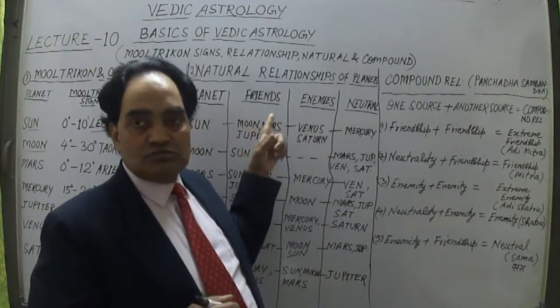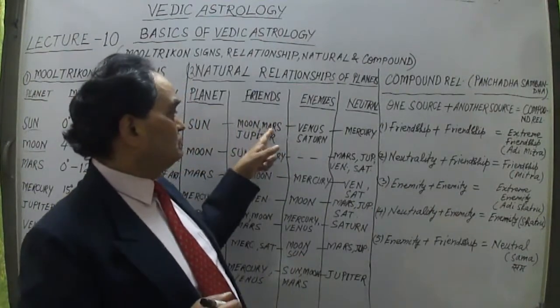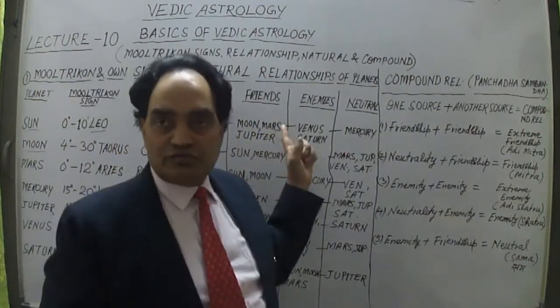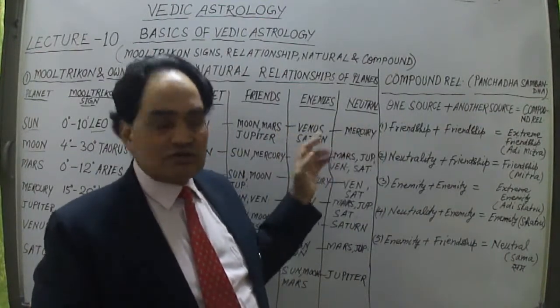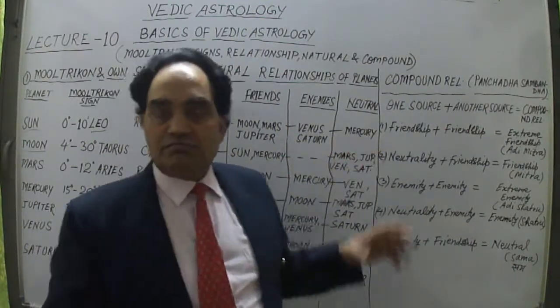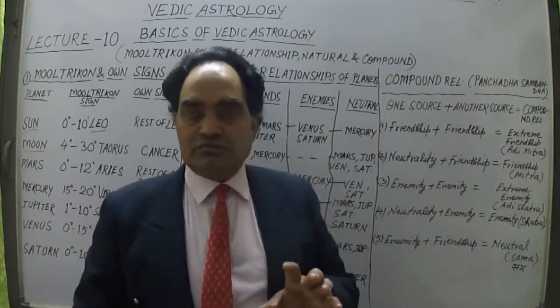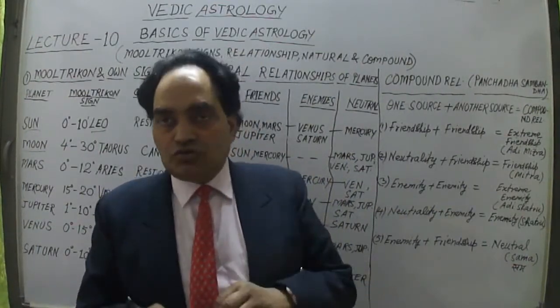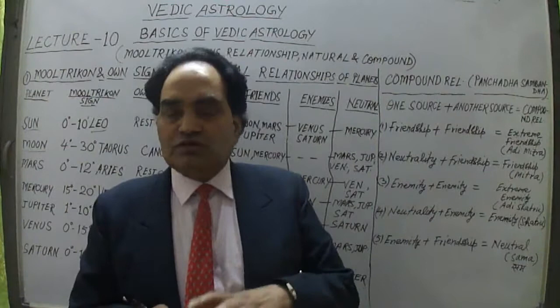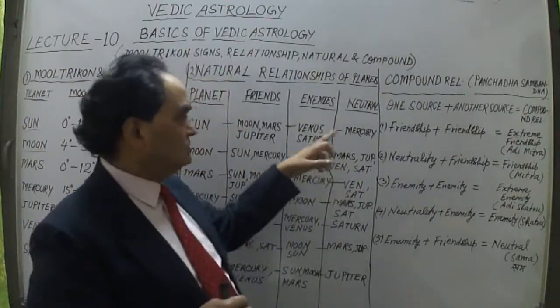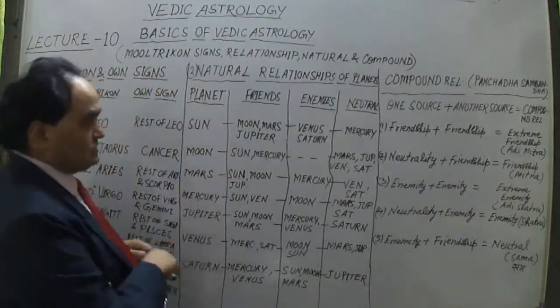But Moon, Mars and Jupiter are friends to Sun. Who is neutral then? Mercury is neutral to Sun. Mercury is no enemy, no friend to Sun, but it is neutral.